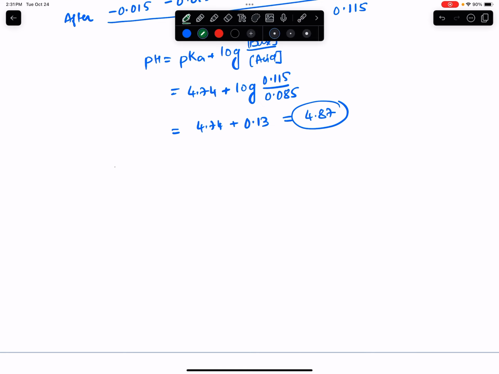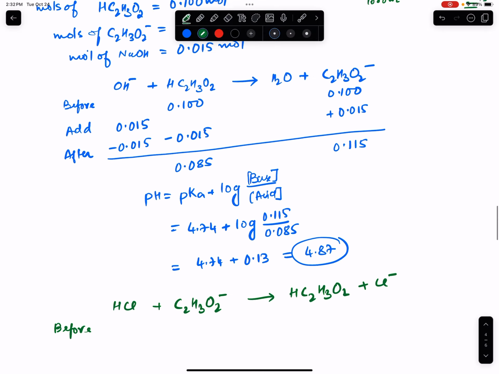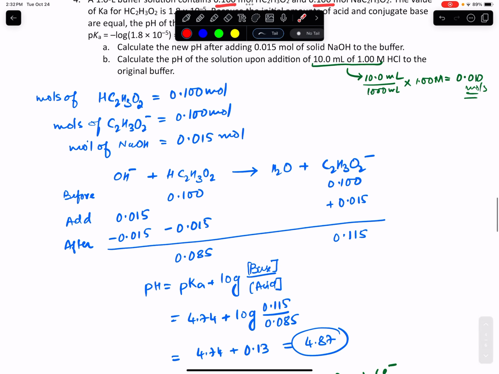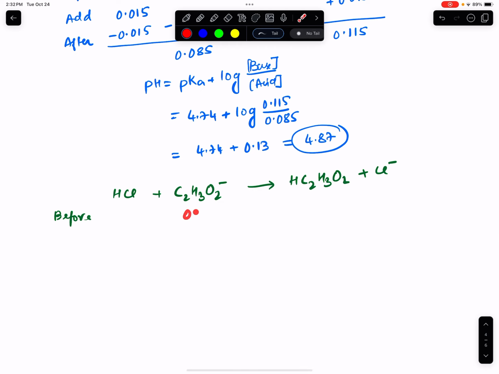So let's write that equation out. We have acid, HCl, plus the base, C2H3O2 minus, and that gives us HC2H3O2 plus Cl minus. Before anything was added, the original solution had 0.1 and 0.1 of the acid and conjugate base, so that's 0.100 and 0.100.